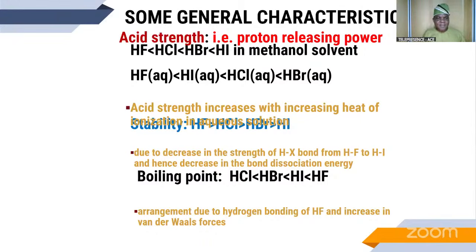HF is less than HCl, HCl is less than HBr, and HBr is less than HI in methanol solvent. That is, hydrogen fluoride is less than hydrogen chloride, hydrogen chloride is less than hydrogen bromide, and hydrogen bromide is less than hydrogen iodide.